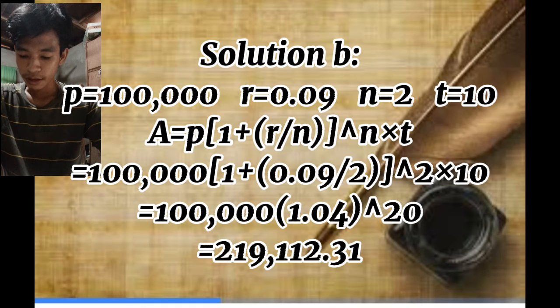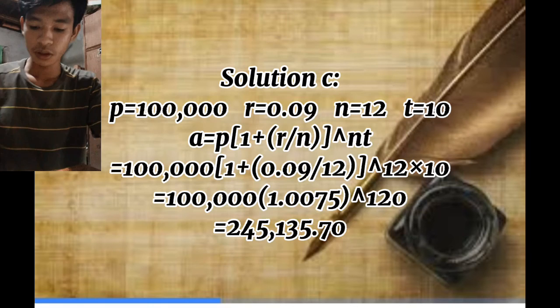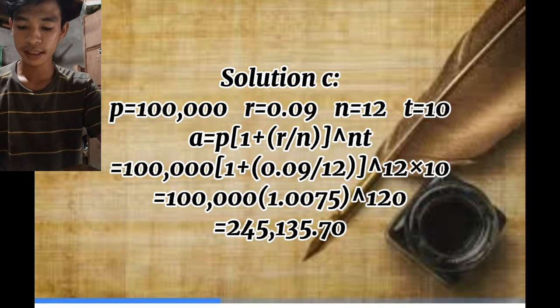So, we have 100,000 times 1.045 raised to 20. So, 1.045 raised to 20 times 100,000. We have 219,112.31.